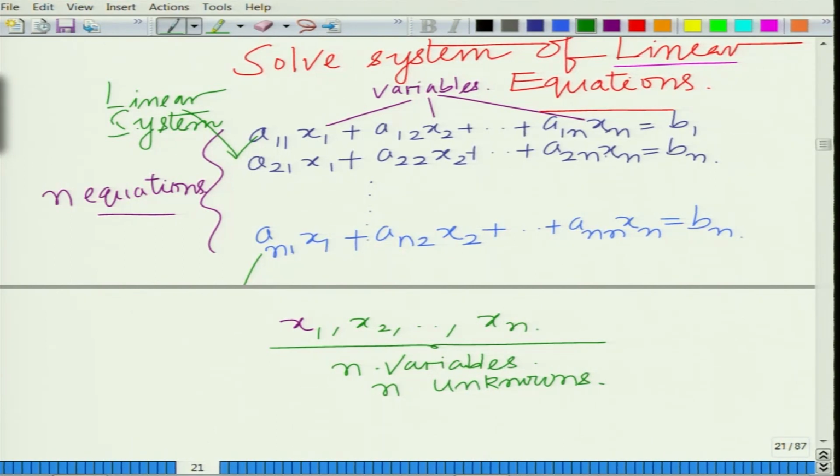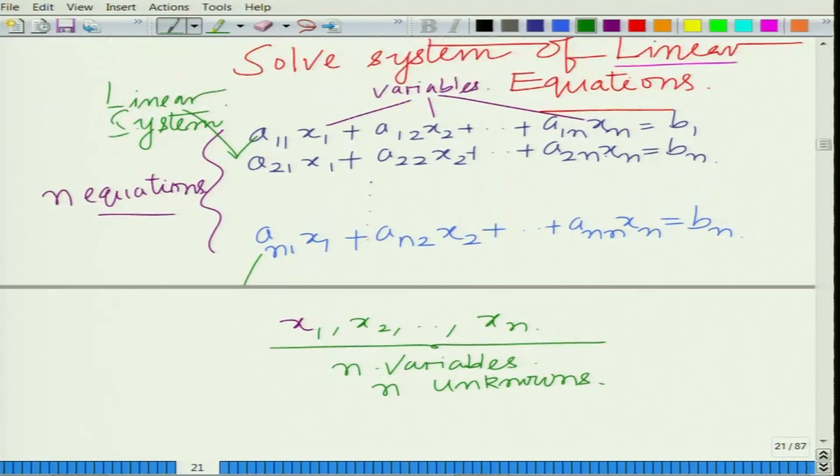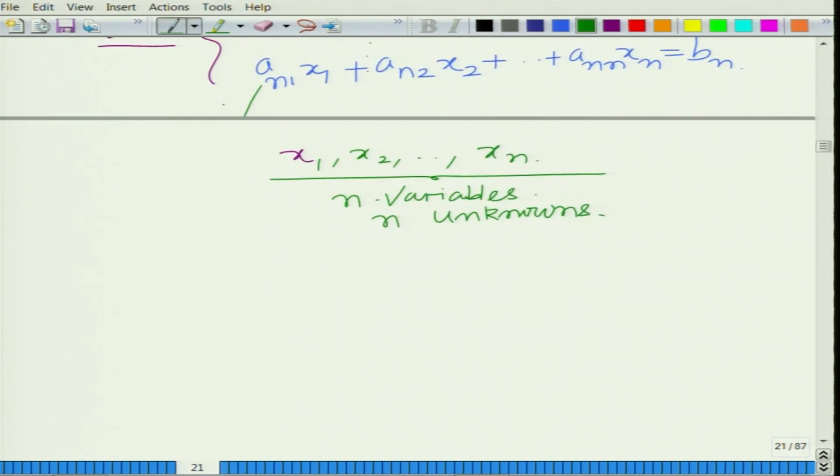Because it is linear in these variables x1 x2 xn, right. It does not involve the powers x1 square, x1 cube, right. It simply depends on x1 x2 xn, right.